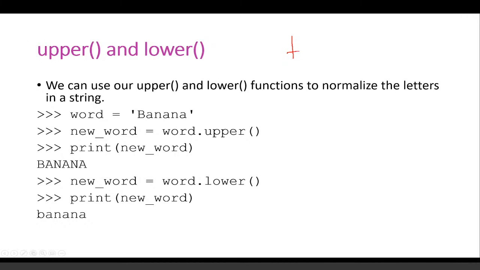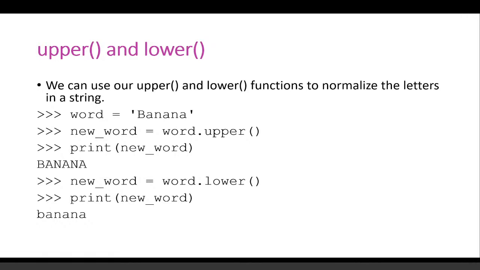It operates the same way, and it title cases our words, which means that every word would have the first letter capitalized and the rest of the letters lowercase. But for our purposes right now, for doing a little bit of data validation, using our dot upper and dot lower functions allows us to normalize our data.